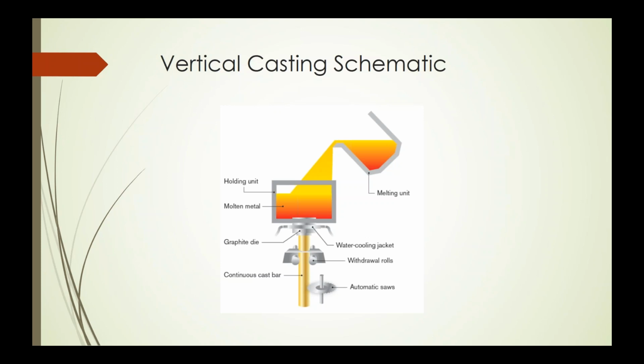This is a little misleading in that it gives you the impression that all you're going to be able to cast is a round product, and that it's very simplistic. Well, that's what the illustration is supposed to be, simplistic, so you can actually see what is going on. In reality, when something like this is in a plant, it's somewhat difficult to see what exactly is happening.